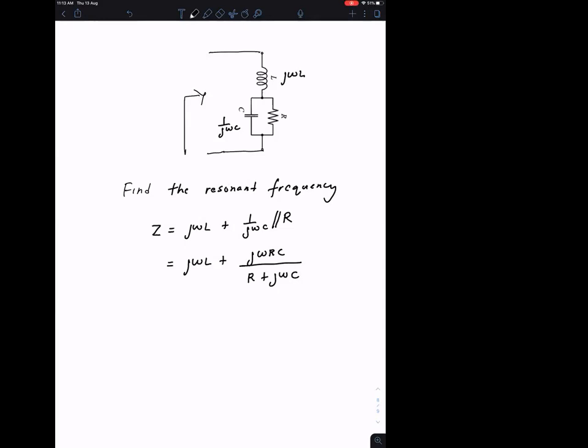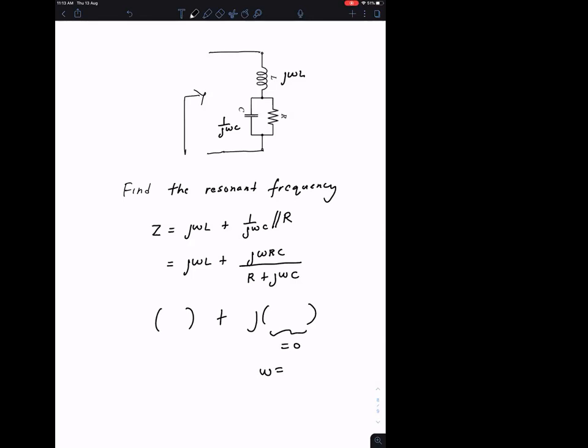Okay guys, try to do this. What do you get? You will get a real part plus an imaginary part. You set the imaginary part equal to 0, and then you solve for omega.